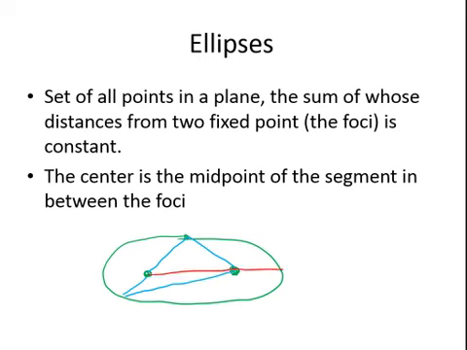So if you take each of these segments and add them up to each point, they should all be the same, and that's how we make an ellipse.